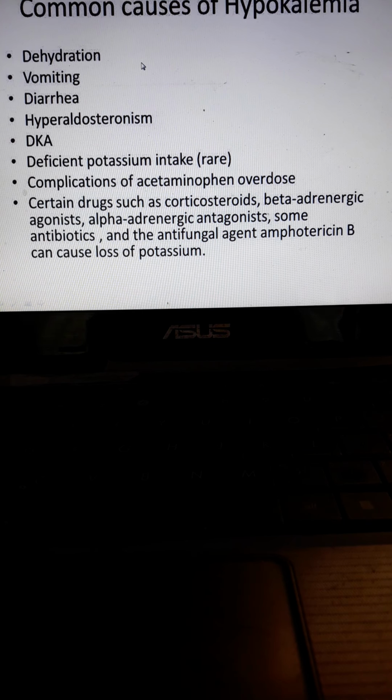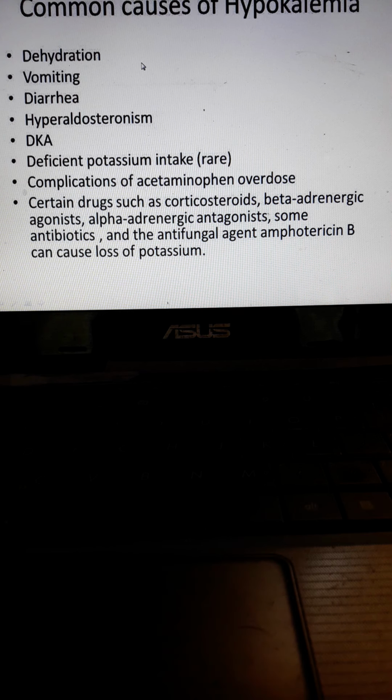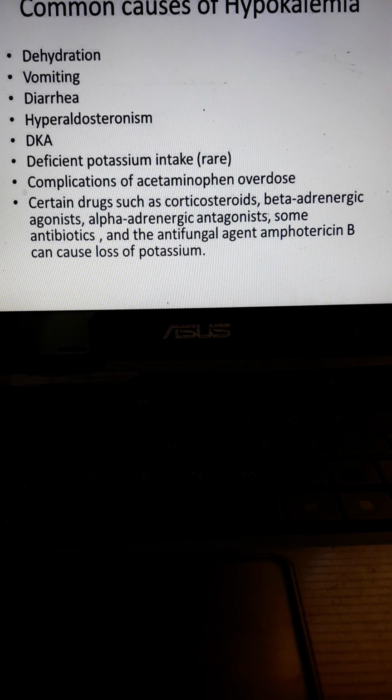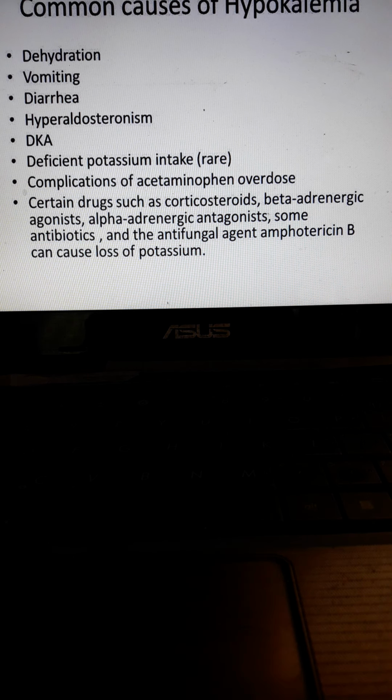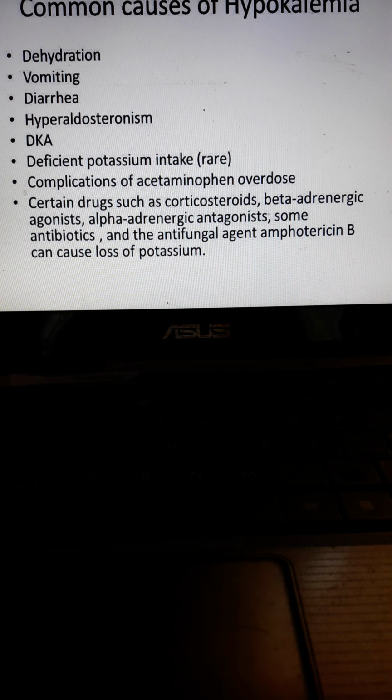Common causes of hypokalemia are dehydration, vomiting, diarrhea, and even hyperaldosteronism, or higher aldosterone, which will lead to more water and sodium retention. Also DKA or diabetic ketoacidosis, deficient potassium intake, which is very rare, and complication of acetaminophen overdose, which will push more potassium ion out of the cells.